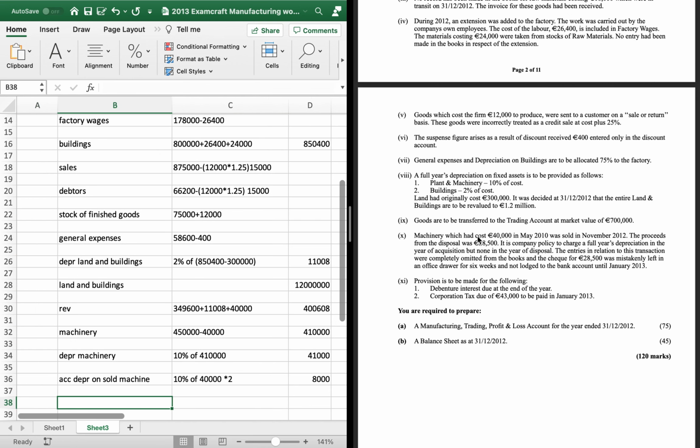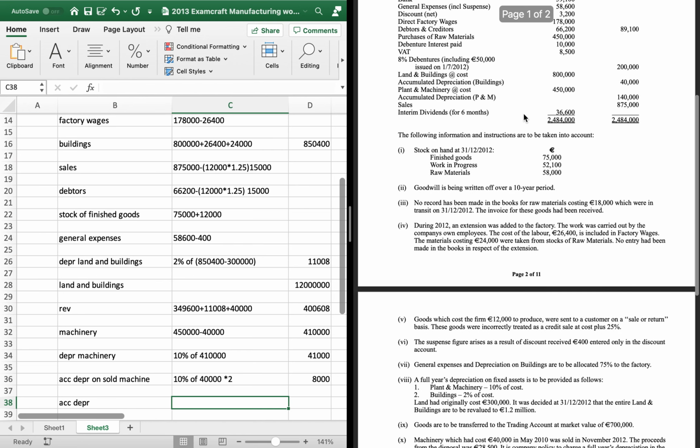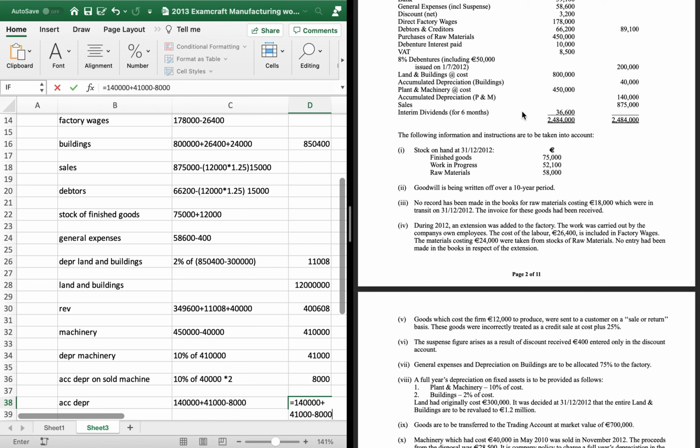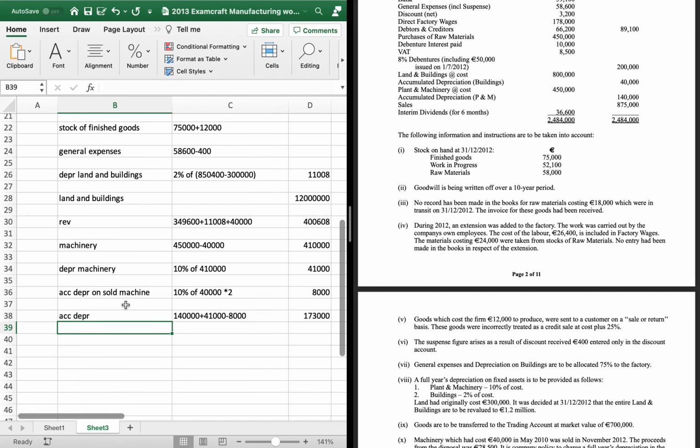So therefore, the accumulated depreciation in total will be what we start off with, 140 plus the 41,000, minus the 8,000. So the accumulated depreciation will be 173. All right. Now, as always, you'll work out the profit or loss on the one you sold.